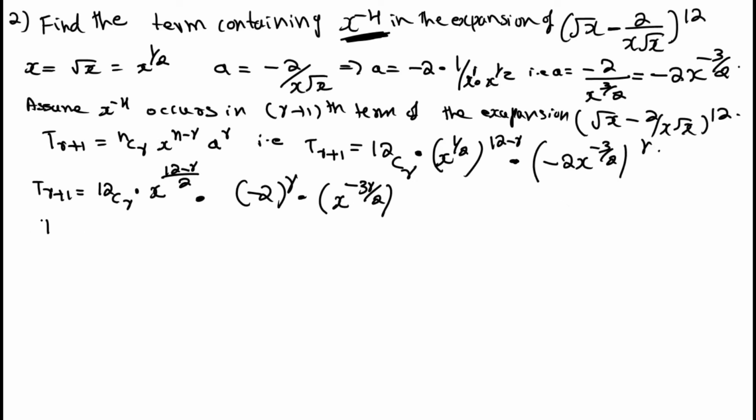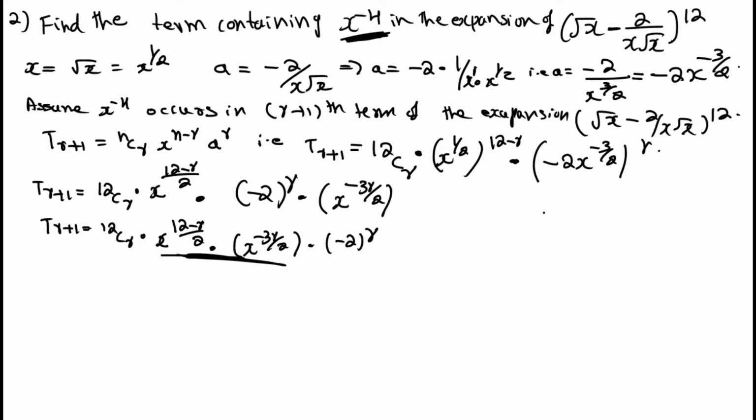In the next step, T(r+1) = 12Cr into x^((12 minus r)/2) into x^(-3r/2) into (minus 2)^r. Now multiply these two terms. x^((12 minus r)/2) into x^(-3r/2).